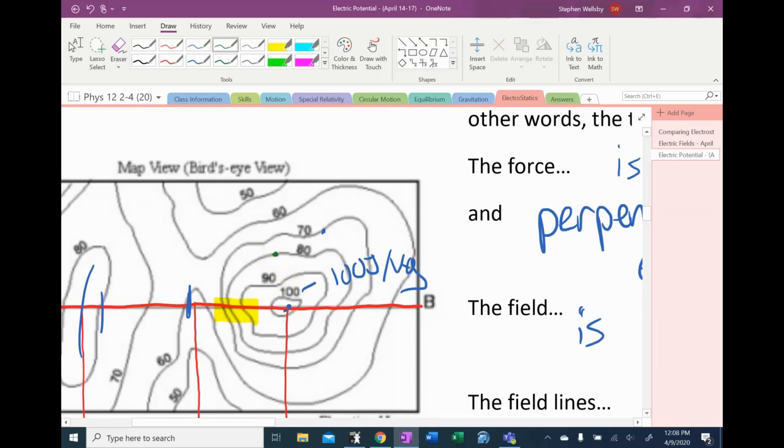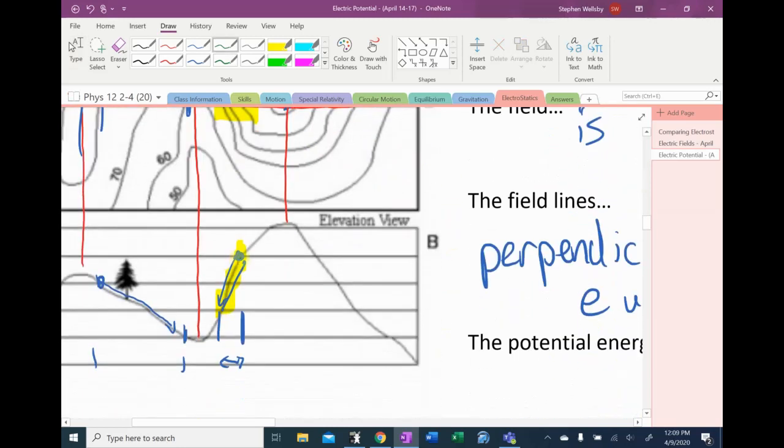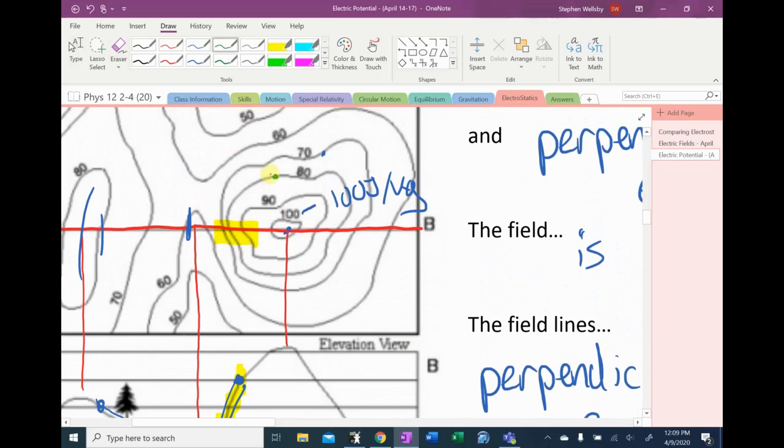Well, it's going to move the quickest path it can get to the 70 meters. If I'm looking at it from this side here, for example, it's not going to roll this way and meander its way down the mountain. It's going to roll the quickest path it can to get downwards. And what that means is that it's always going to end up being perpendicular to the field line.